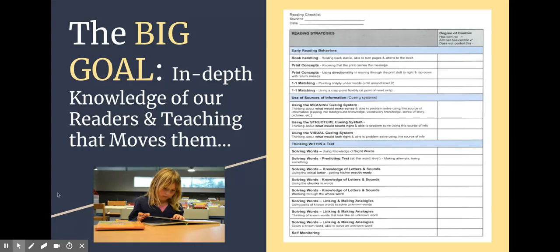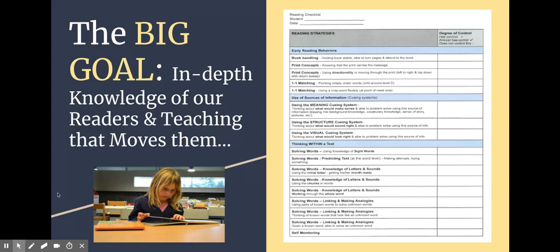She isn't like, "My nest, my house, my home." She doesn't make multiple attempts for sure. We don't see her using chunks in words. We don't see her using initial letter. That's the first thing she needs to start doing. Self-monitoring, at the bottom of that page, she's just beginning to do it.